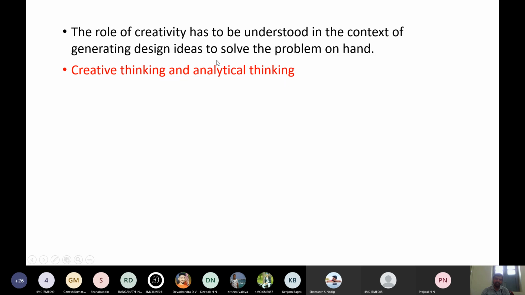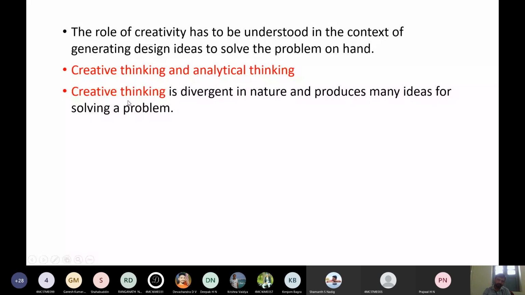In case of analytical thinking, we analyze whether this solution is workable or not, whether we have enough resources to produce the product in this way. So that is analytical thinking. Analytical thinking is about weeding out unworkable, not feasible solutions, whereas creative thinking is about generating as many solutions as possible.